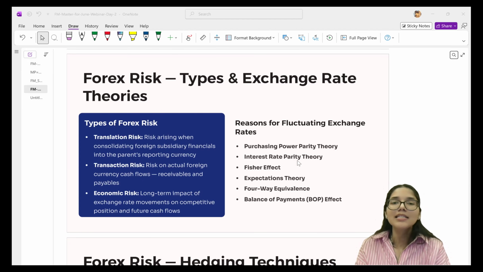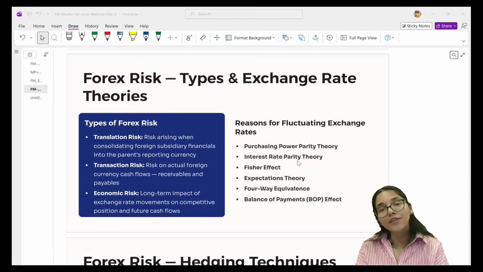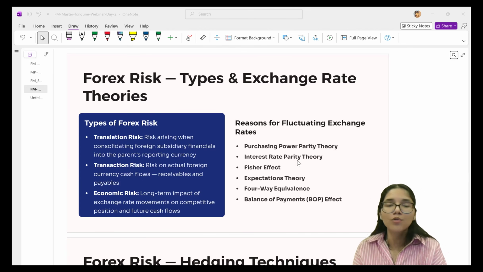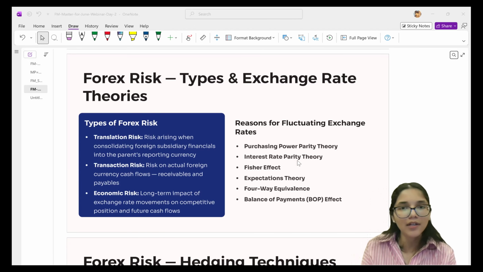So even if these numbers, assets and liabilities, are not changing the entire year, the numbers that they plot at the beginning of the year, converting them into euros or Swiss francs, will those numbers be exactly the same at the year end? No. Why? Because the exchange rates keep on fluctuating. So this is the translation risk, that the company may face a loss because of converting one currency into another currency.